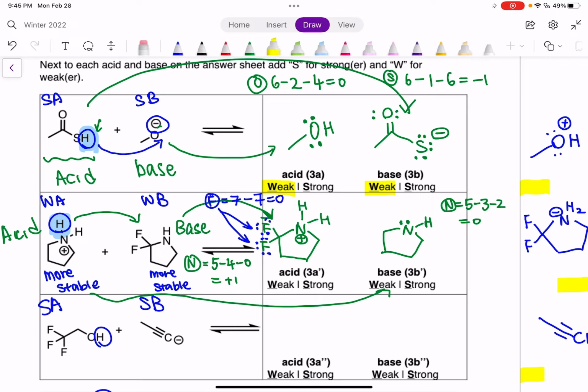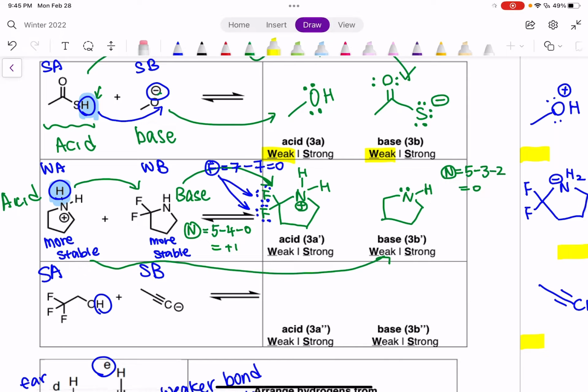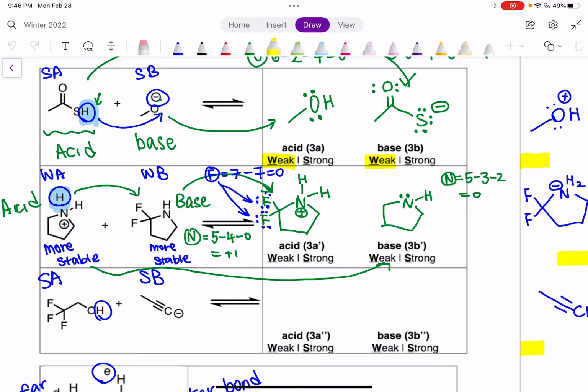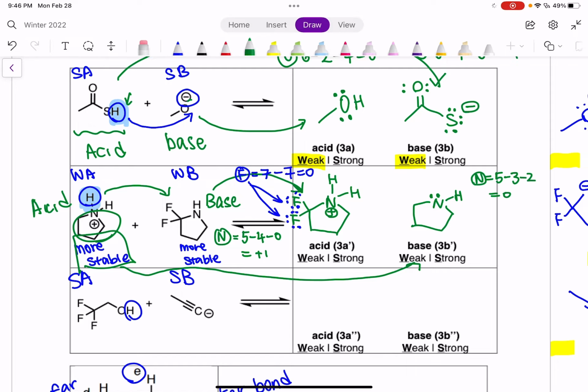And to see whether it's a strong or weak acid or a strong or weak base, we have to see whether the molecule is more stable or not. In this case, since the molecule right here is more stable, it will be a weak acid, because we just know that it is an acid.